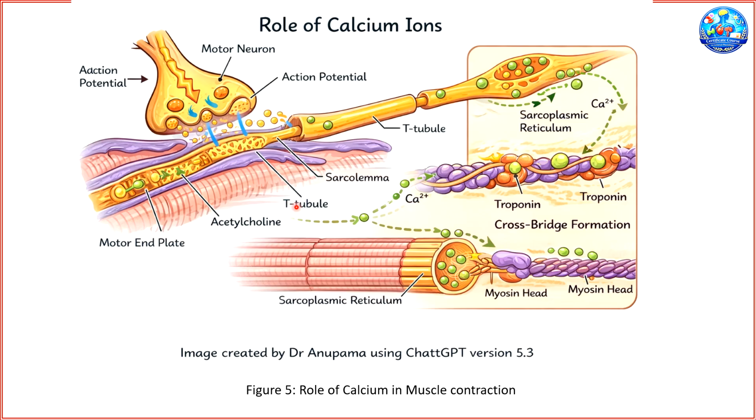Coming to the role of calcium. Calcium is one of the key regulatory elements in muscle contraction. When the nerve impulse reaches the muscle fiber across the motor end plate, because of the release of acetylcholine, it generates an action potential within the muscle that spreads across the sarcolemma and through the T tubules.